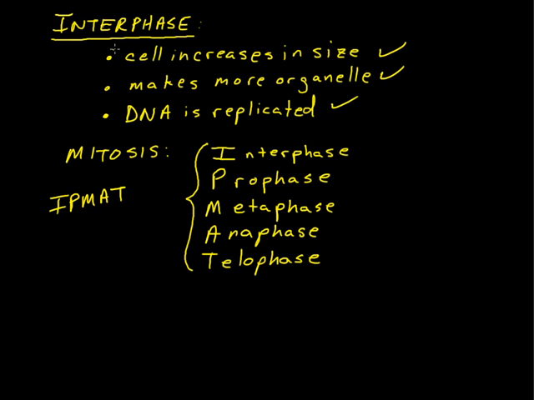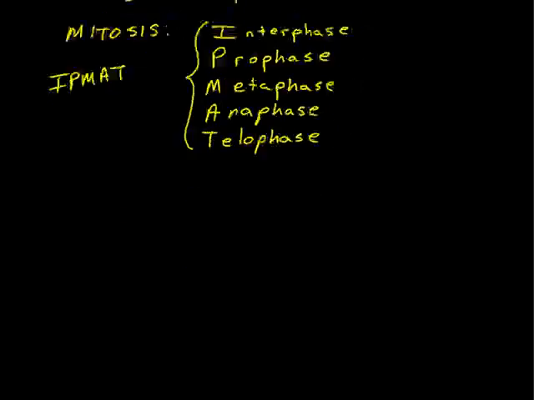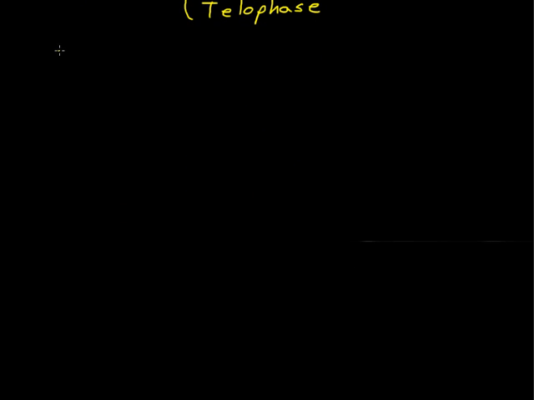So we've already talked about interphase. Let's talk about the first phase that is truly part of mitosis, and that is the P for prophase. A lot of these names, I'll give you some little hints on how you can remember what's going on. Pro means pre, and as it says in your notes, this is the longest phase, and this is the phase during which we actually start to see the visual evidence that this cell is about to undergo division.